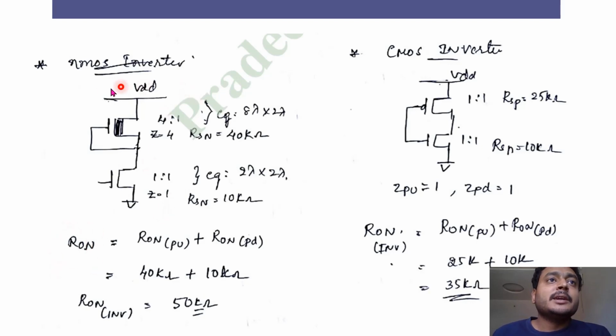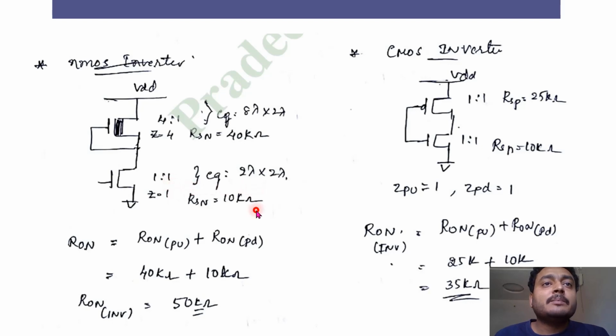In this case, we are using a depletion mode transistor here, and the L to W ratio is given as 4 to 1. This ratio may be 8 lambda by 2 lambda, or 16 lambda by 4 lambda, whatever. So the ratio is 4, and for the pull down transistor, the ratio is 1 to 1.